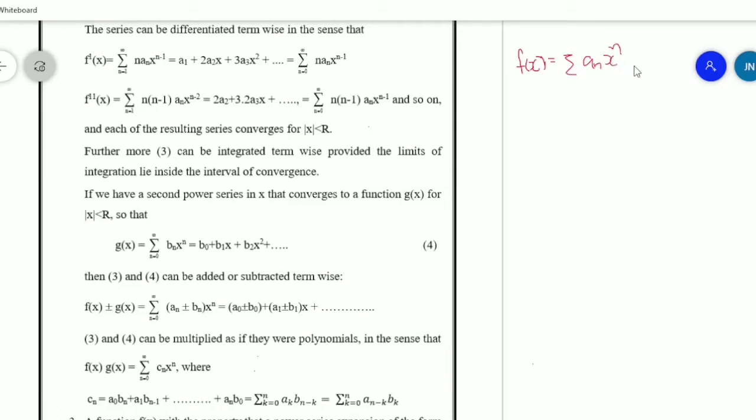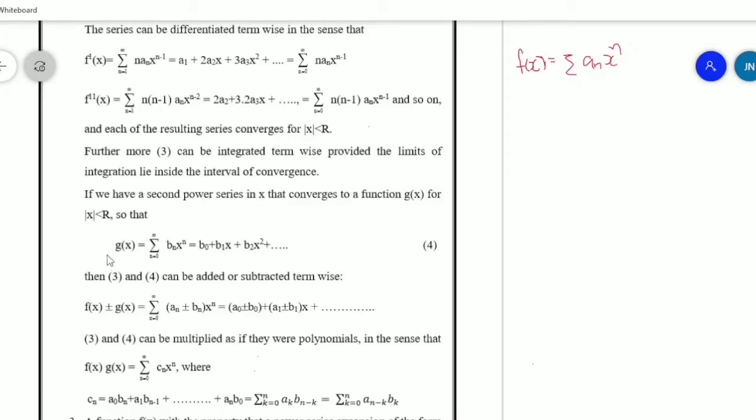Since the n equal to 0 term vanishes, we can start n from 1 to infinity. So f dash of x is the sum from n equal to 1 to infinity of n into an into x raised to n minus 1. F double dash of x: again an and n are constants, and the derivative of x raised to n minus 1 is n minus 1 into x raised to n minus 2. The given series converges for mod x less than r.